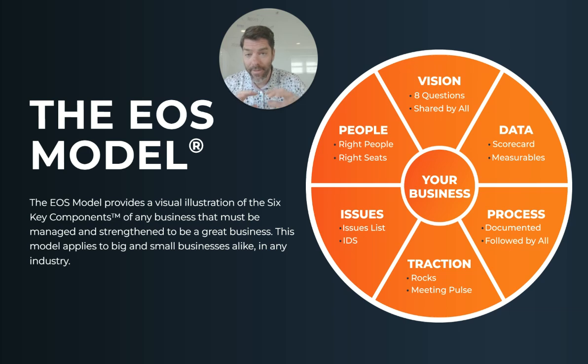It's getting rid of the 100 numbers that you might have access to and saying, what are the 10 to 15 that are really important that we want to be focused on so that you have that transparency. Then you use that scorecard, you use those measurables to solve issues when the numbers aren't on track. So you're empowered to make sure that the data is on track and that we're working together as a team around data.